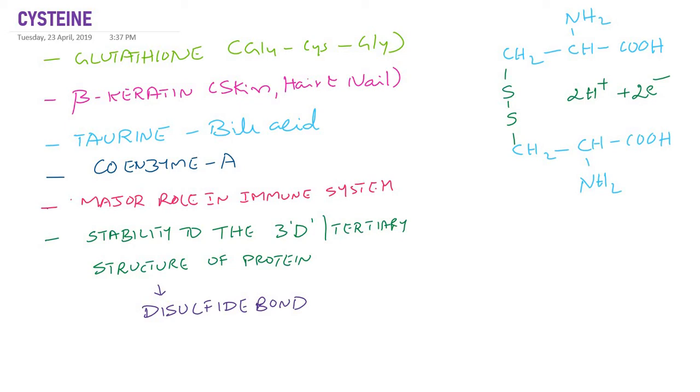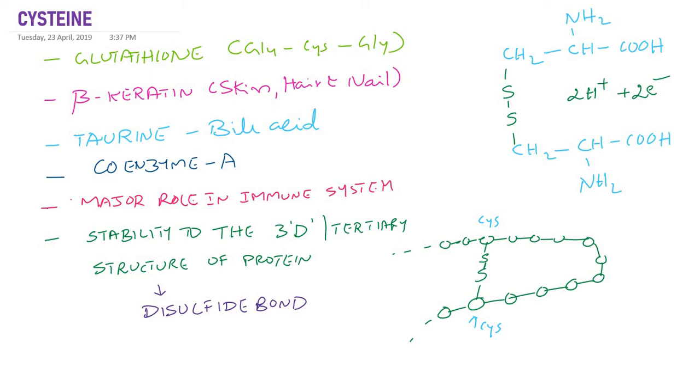In any given protein or polypeptide chain, imagine this is a peptide, then maybe this particular amino acid is cysteine and this particular amino acid is also cysteine. Cysteine contains a sulfhydryl group, so they will form a disulfide bond. That is the three-dimensional structure of the polypeptide or protein. The stability for the three-dimensional structure is by the disulfide bond.